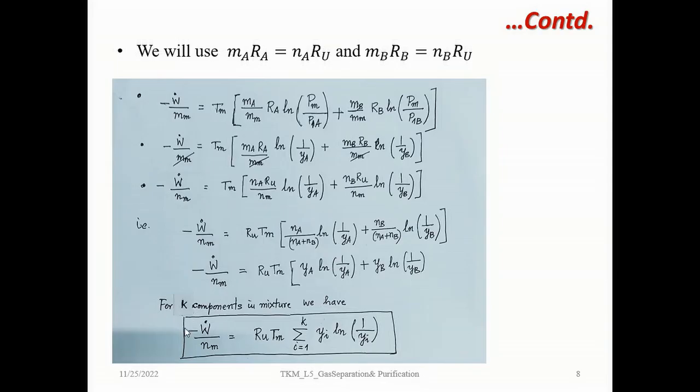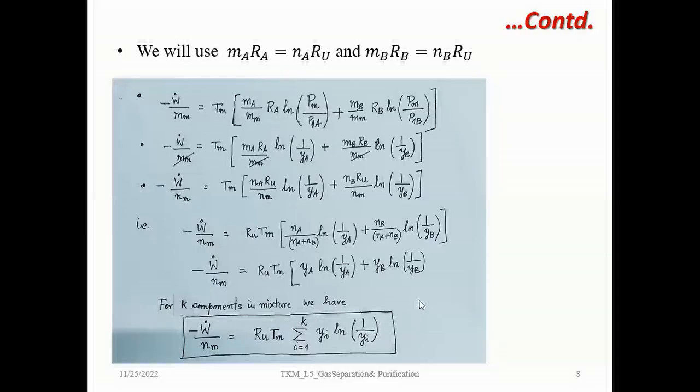So minus W dot by Nm dot is equal to Ru Tm, where Ru is the universal gas constant and Tm is the average mean temperature of the gas, multiplied by summation of i equal to 1 to K, Yi ln 1 by Yi. Yi represents the mole fraction of the gas i, and 1 by Yi will be the inverse of the mole fraction. So this is the work requirement for separating K components of a given mixture.